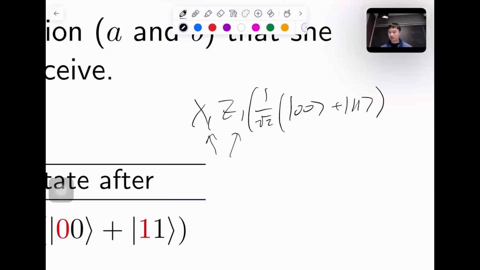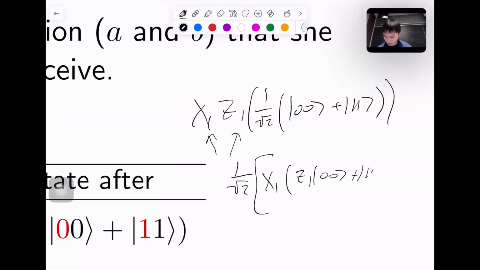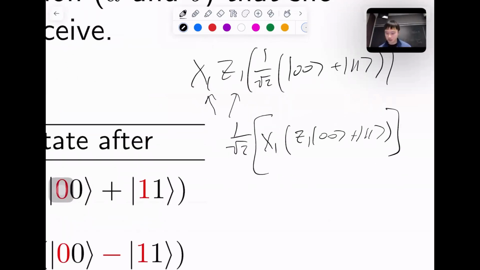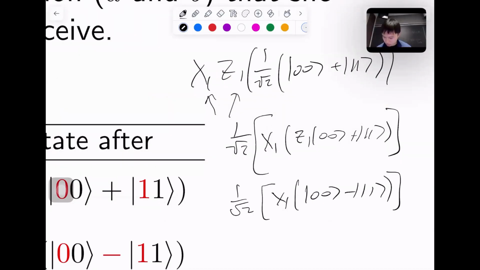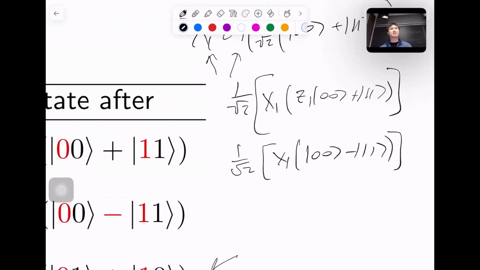Okay, and so again, we read from right to left. So I'm going to apply Z1 first, and I'm also just going to bring out the root 2. And we already talked about what happens after you apply Z1. Then I'm going to apply X to these states.